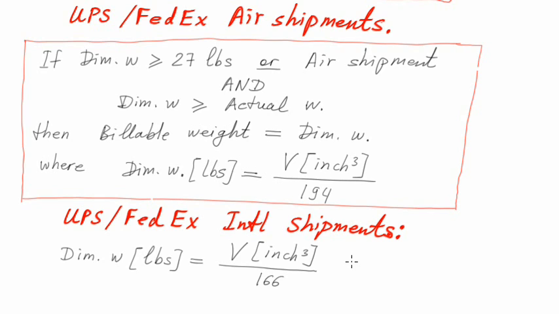If we divide by 166, it's a smaller number compared to 194, so we will get a bigger dimensional weight. This tells us that for international shipments, shipping space is more valuable compared to shipments within the United States.